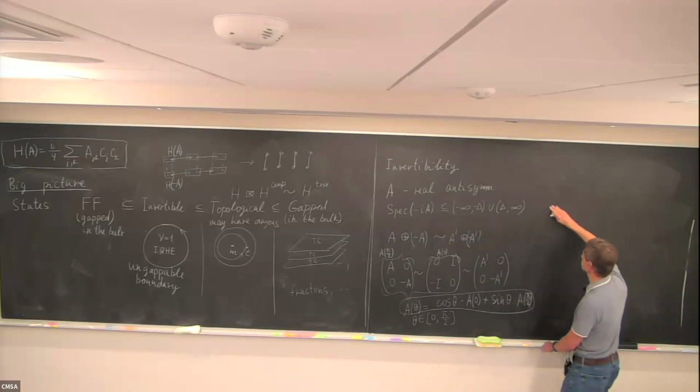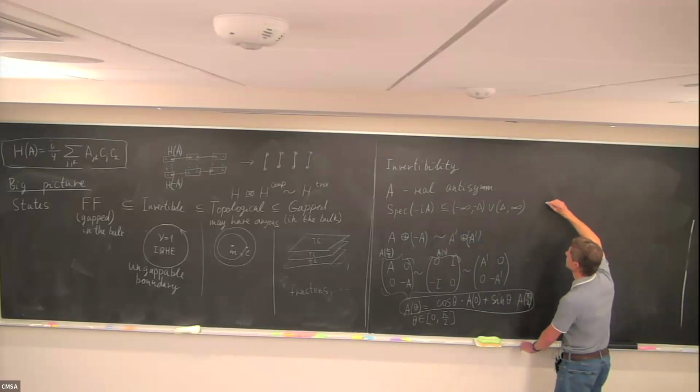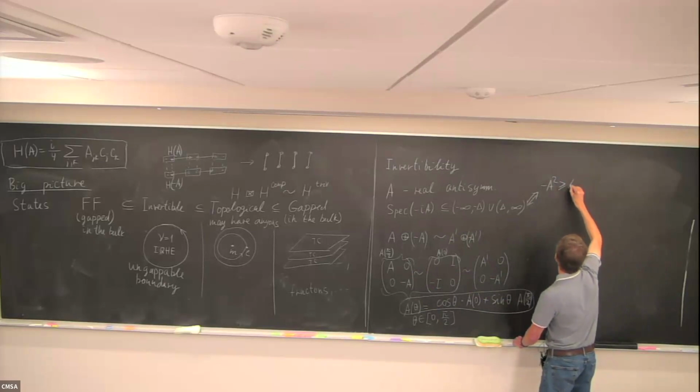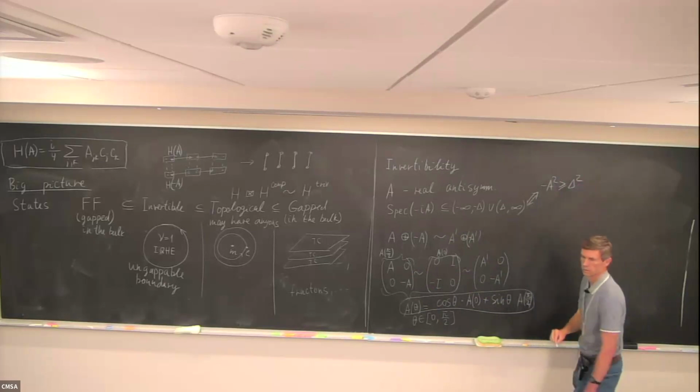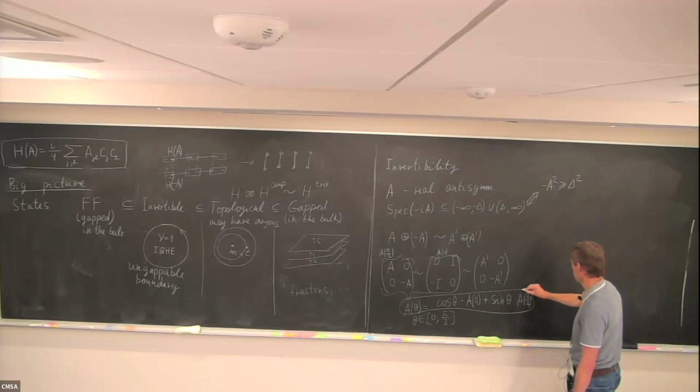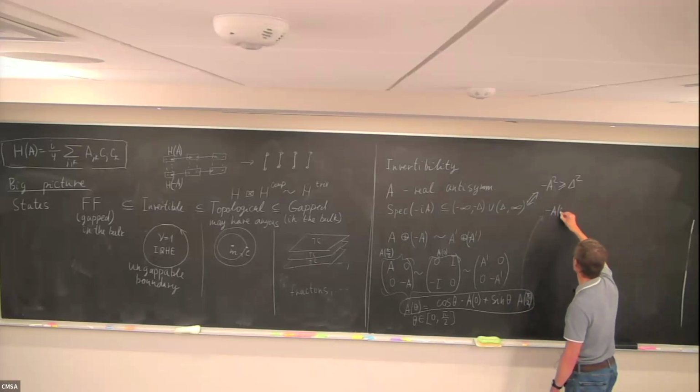But we need to check whether those matrices satisfy that condition. Let's consider the matrix A squared in general. We want that minus A squared be greater than delta squared. This is an equivalent condition. Using this formula, we can consider minus A of theta squared.